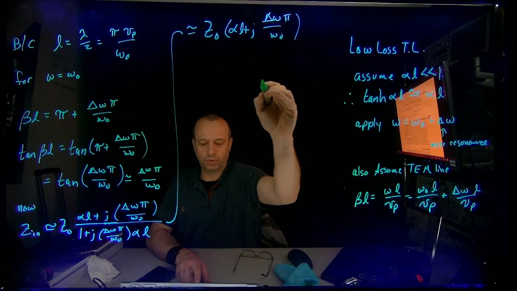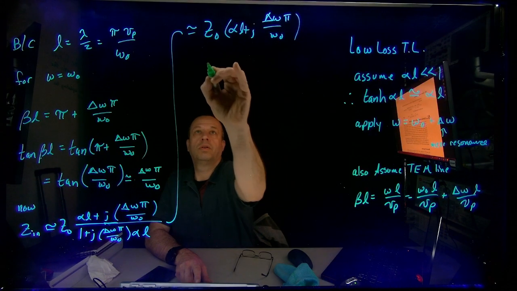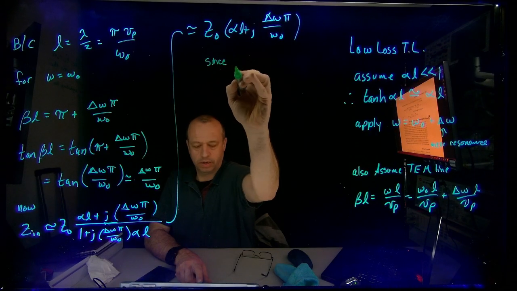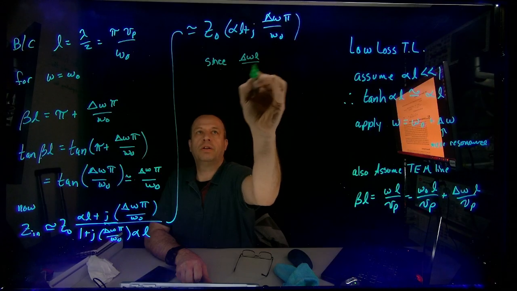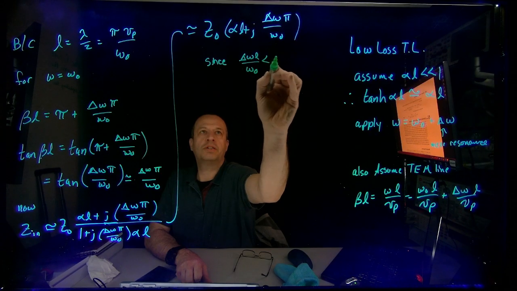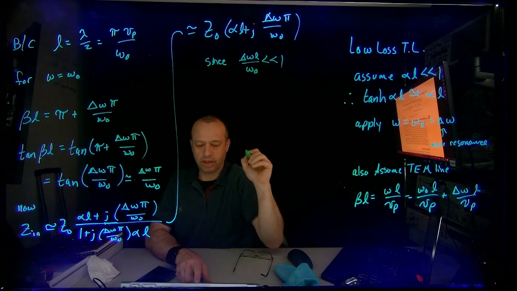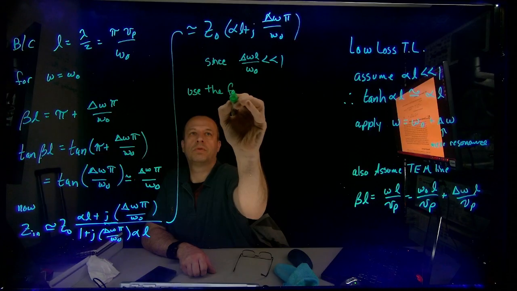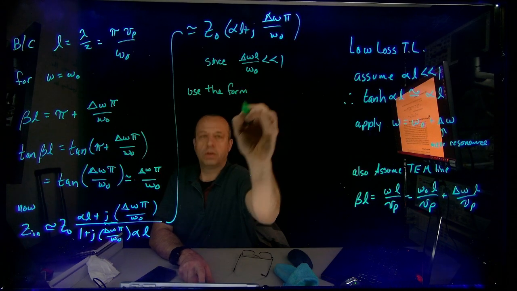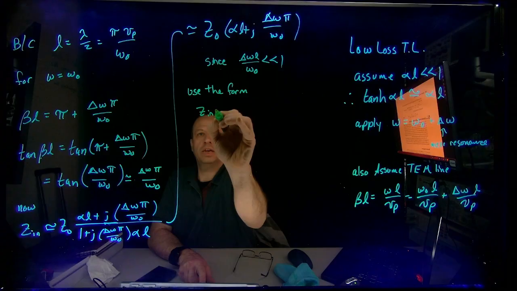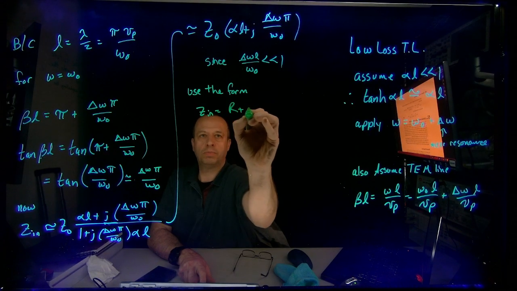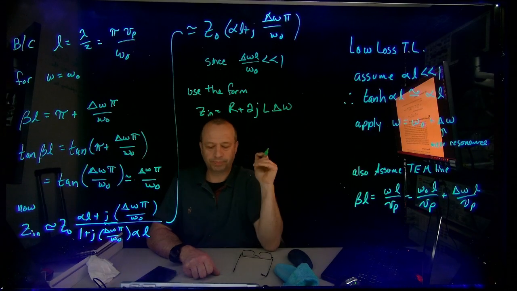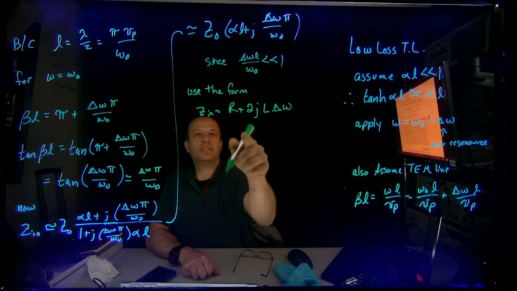And this is a consequence: since delta omega L over omega naught is much less than 1, we need to use the form Zin equals R plus 2J L delta omega.